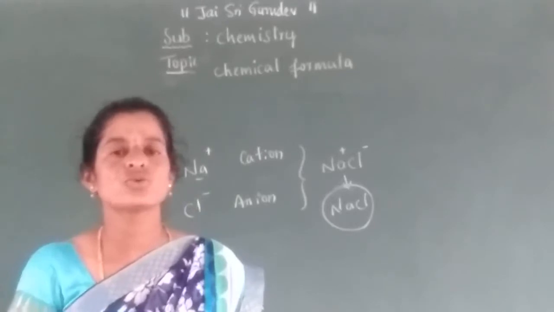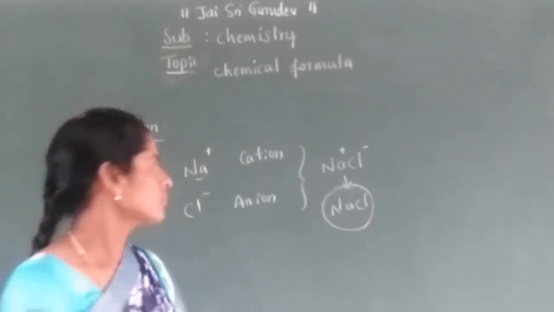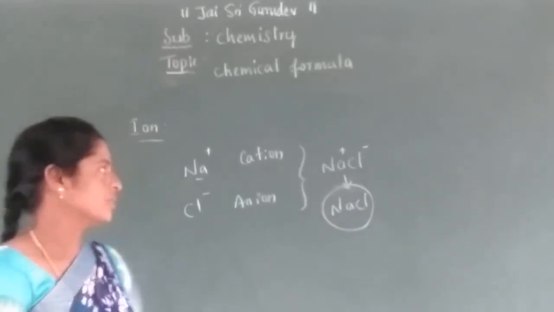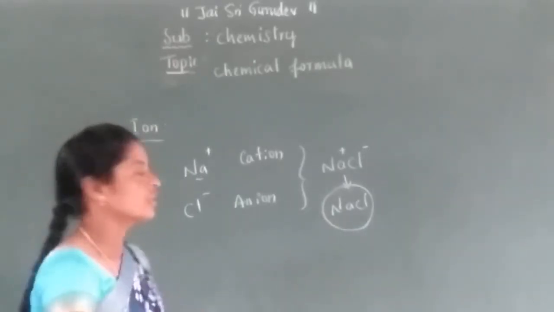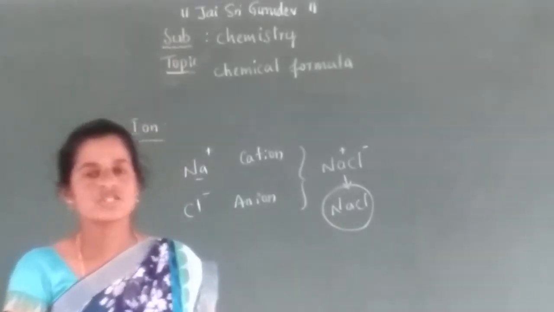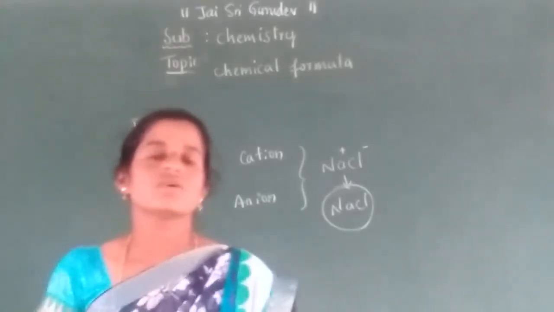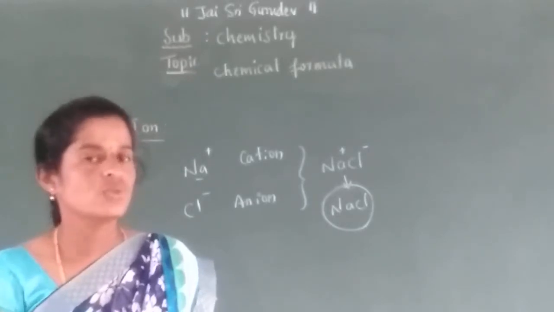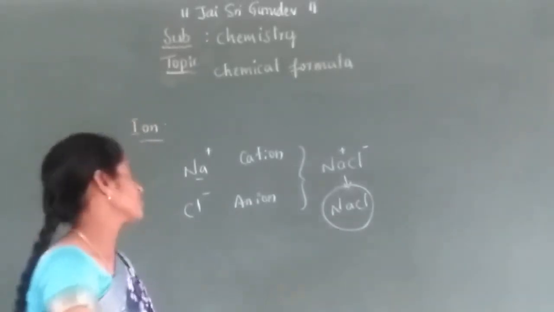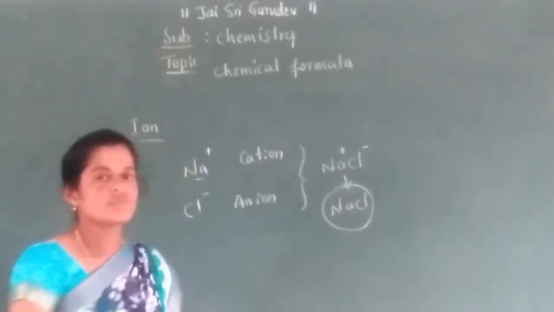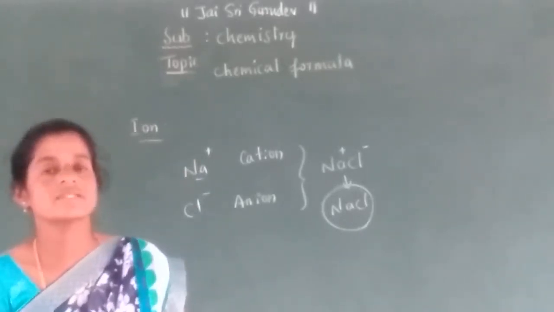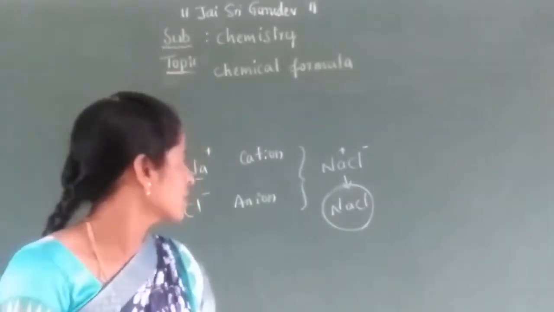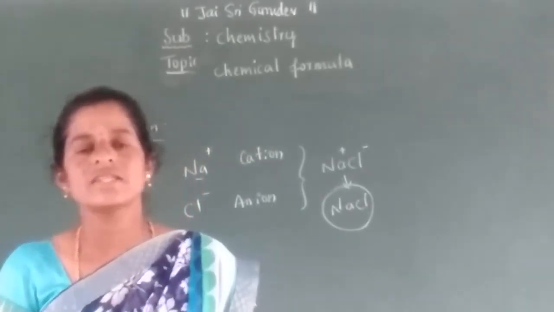There are a few rules for you to write the molecular formula of any given compound. That's very simple. If any molecule carries a positive charge, the positive ion is always written first, followed by the negative ion. Because Na has a positive charge and Cl has a negative charge, I wrote NaCl as Na first and Cl later.